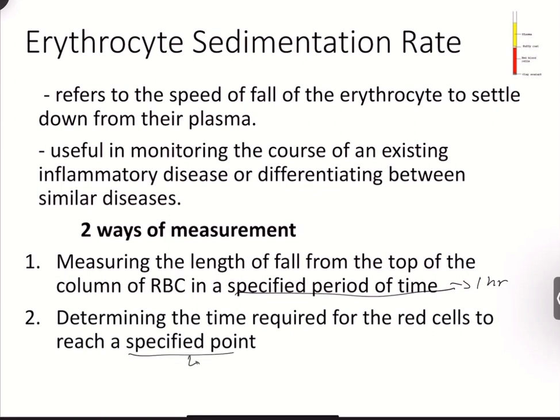You will put a label, for example in the tube you will note that the RBC should settle at 20. How much time will it take to pack itself to the level of that 20 in the tube? So the first is the period of time, and the second way is using a specified point, which determines the time.